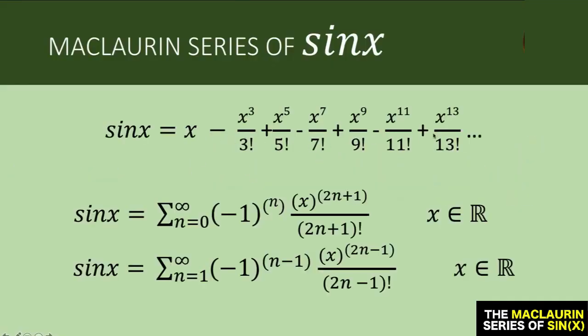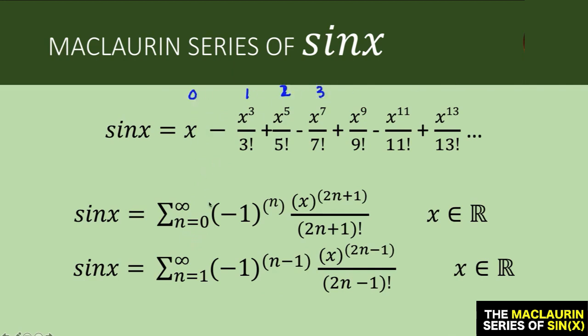And we can now summarize this series using sigma notation. Either we start at n equals 0 or n equals 1. But these two formulas are equivalent. Notice that if we start at n equals 0, that means this is index 0, index 1, index 2, index 3, and so on.